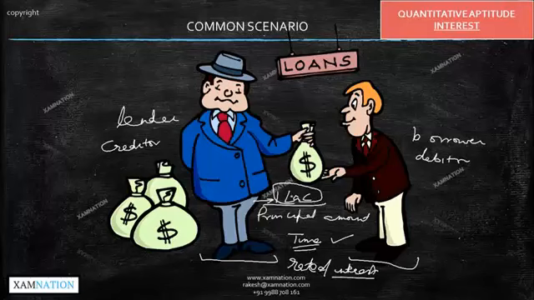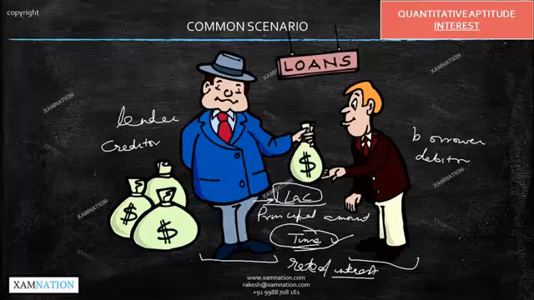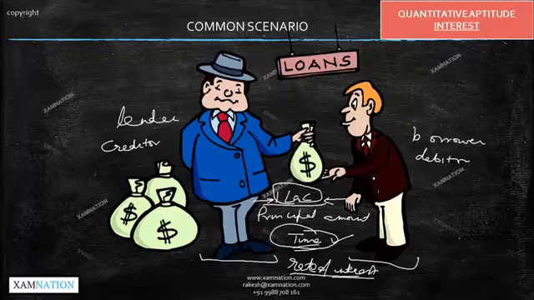At the end of this tenure, the person who is lending the money expects to get back the principal amount as well as the interest earned upon this principal amount, which will be calculated based on the rate of interest and the time given.